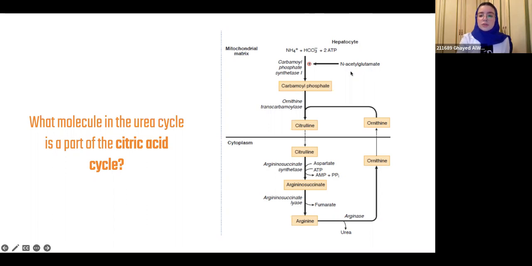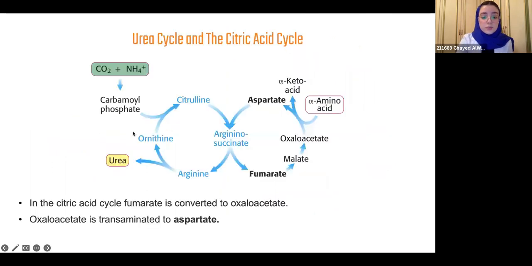And so what happens is fumarate is a part of the citric acid cycle, like we mentioned. And because it's a product of the urea cycle, let's just go back quickly. Okay, I can't move the slides, but we can just use this diagram.